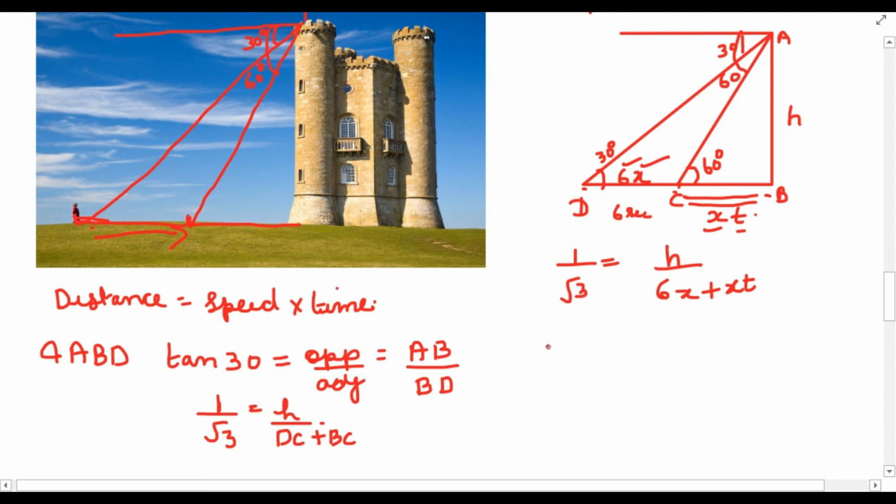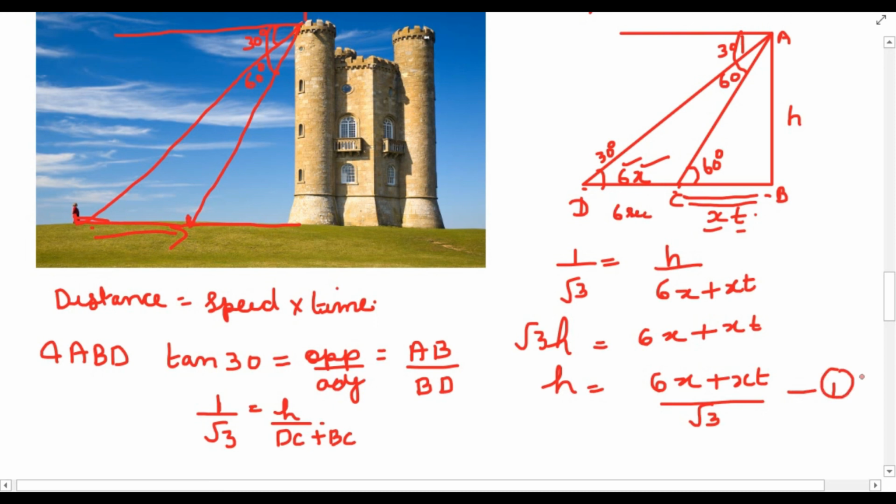Now cross multiply. Root 3 h is equal to 6x plus xt, or h is equal to 6x plus xt divided by root 3. Let this be equation number 1.